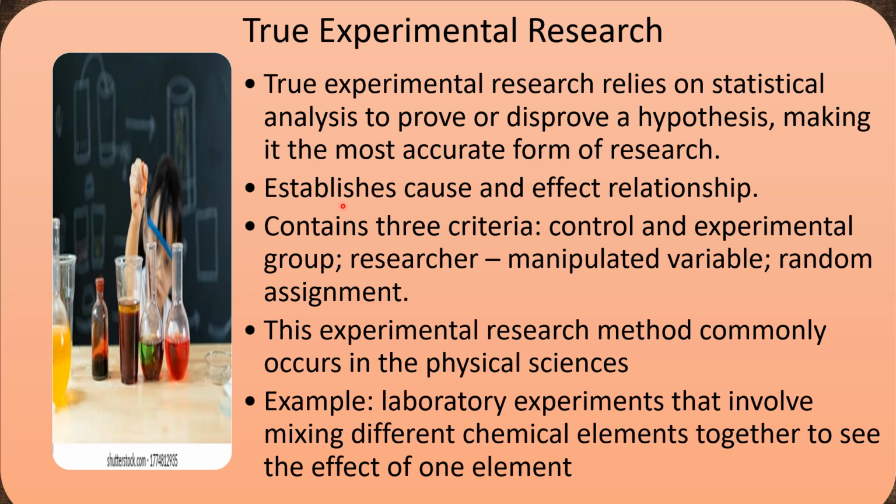So experimental designs are used in order to find a cause and effect between two variables. It contains three criteria. It should have a controlled experimental group, a researcher-manipulated variable, and random assignment. And this experimental research method commonly occurs in the physical sciences.